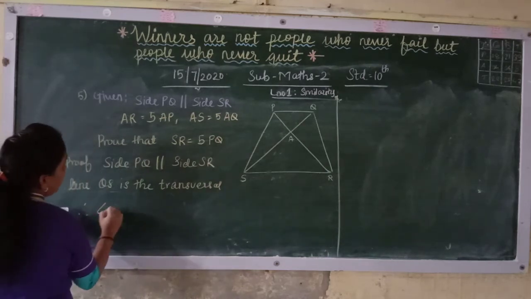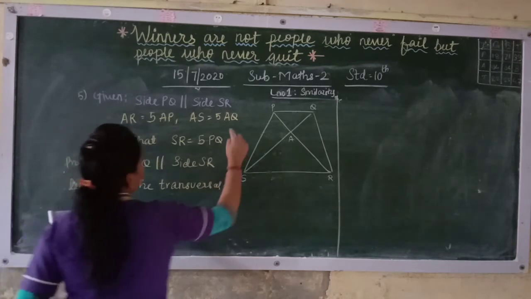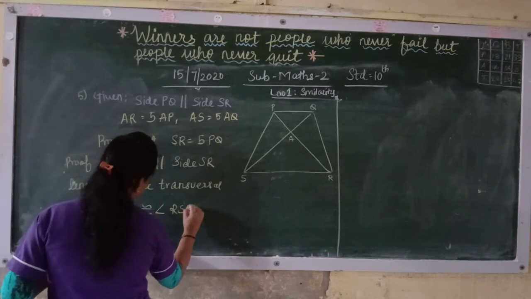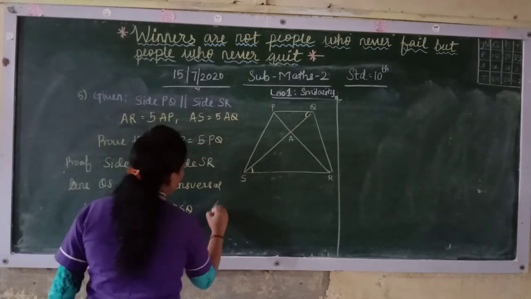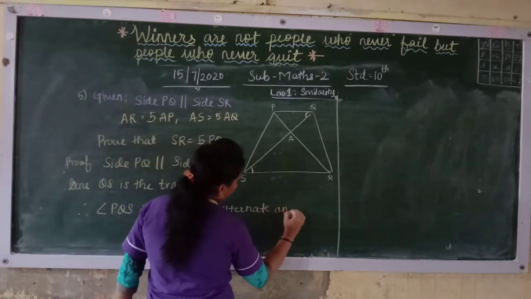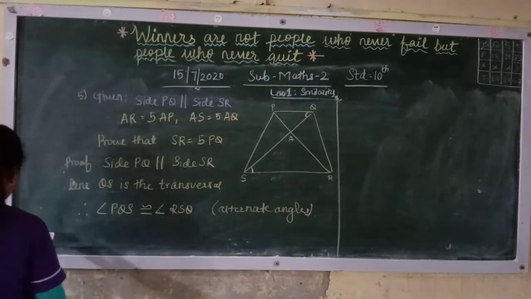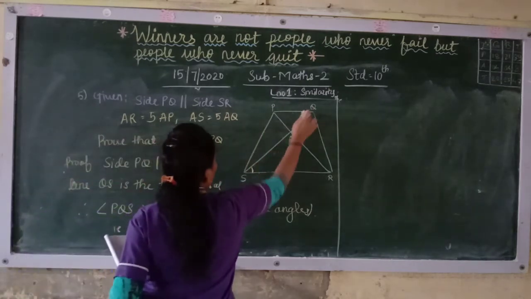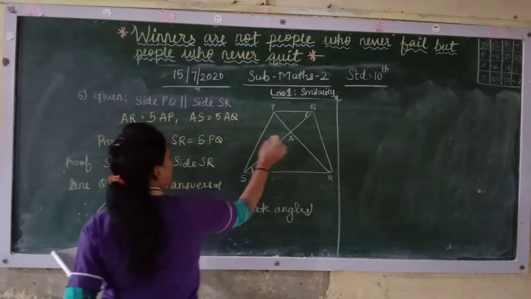Now if QS is the transversal, you will get alternate angles over there. So therefore angle PQS is congruent to angle RSQ. See here, alternate angles. So the reason we will write is alternate angles. Now instead of PQS you can write PQA also, because we are going to deal with these two triangles over here.